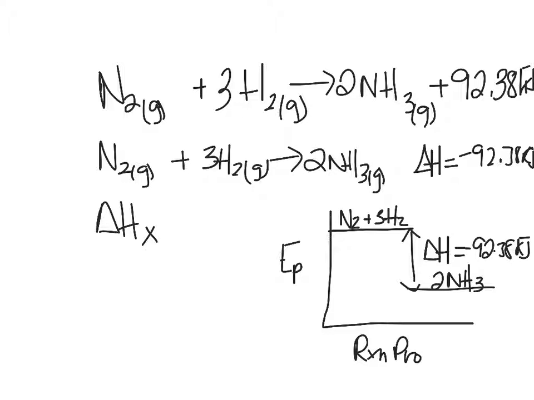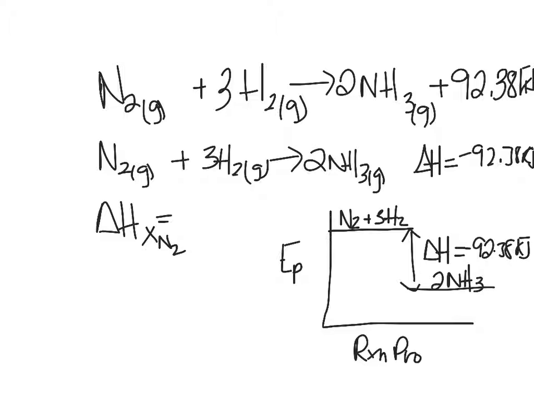You could do, because I didn't specifically tell you what your molar enthalpy should be in respect to, right? That wasn't asked in this question. If you did delta HX for N2, what would your value be? If this was just for N2 in this reaction, what would your value be?